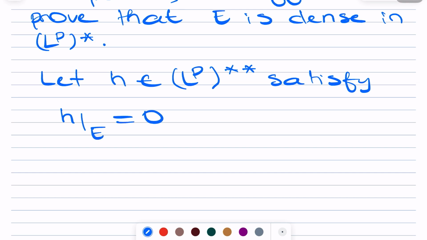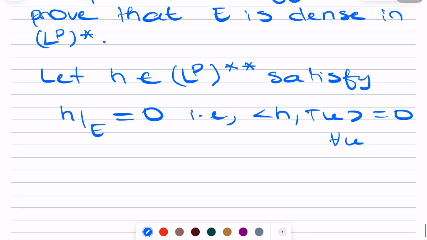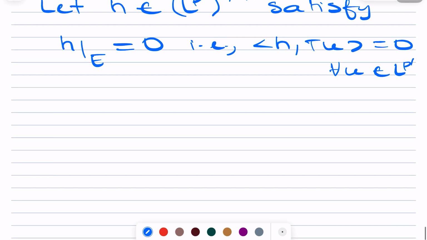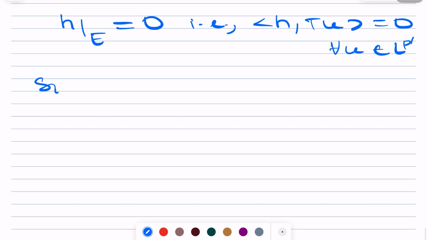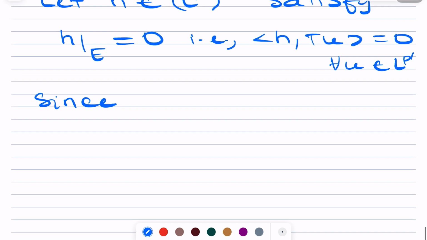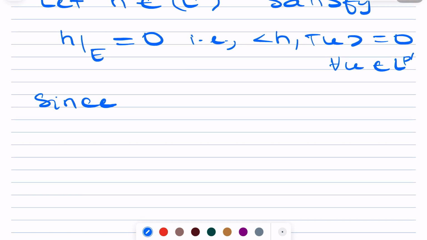So this means the dual pairing between H and TU is equal to 0, for every U in LP prime. Our goal is to show that H vanishes identically.